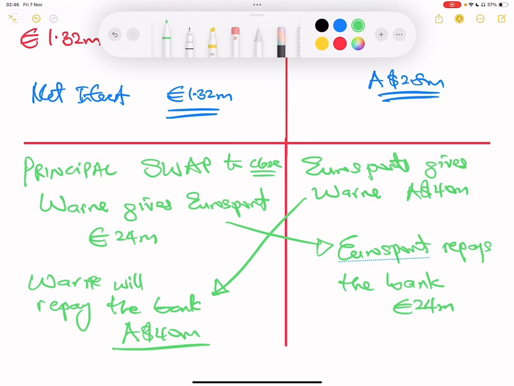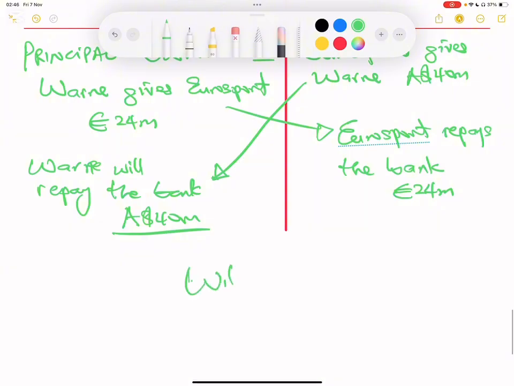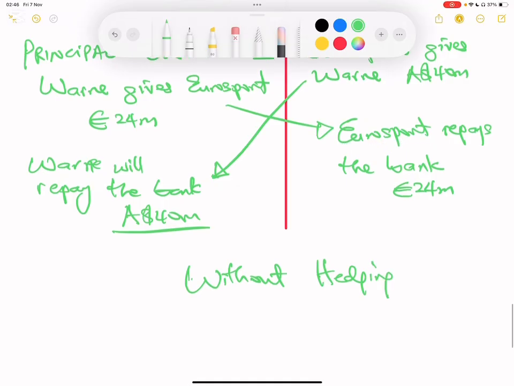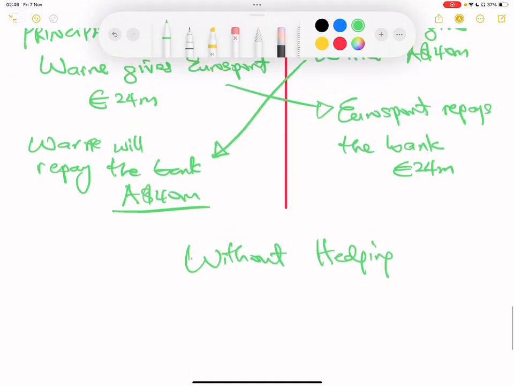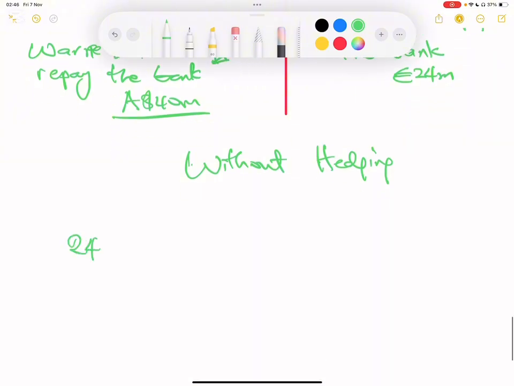And like I was saying, look at how much they paid. Let's see, without hedging, how much would these guys have paid? It means that the 24 million that he borrowed, he would have paid at 5.6%.